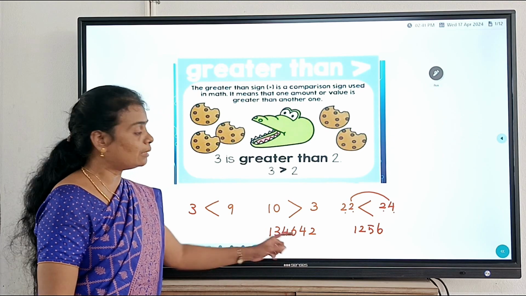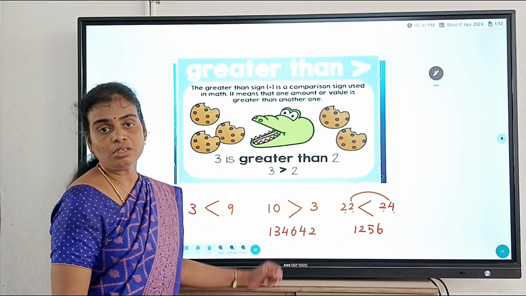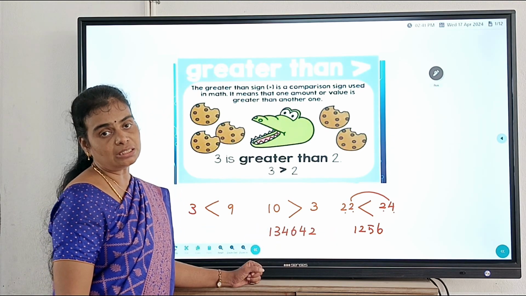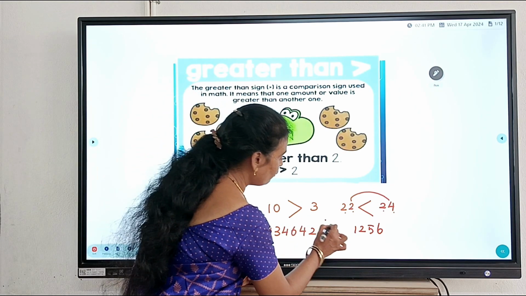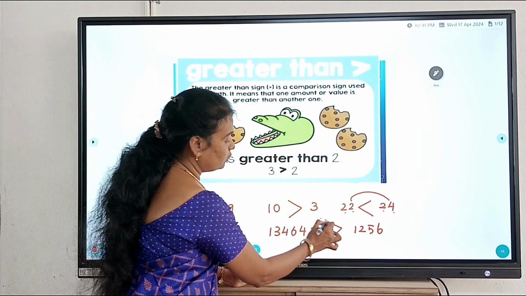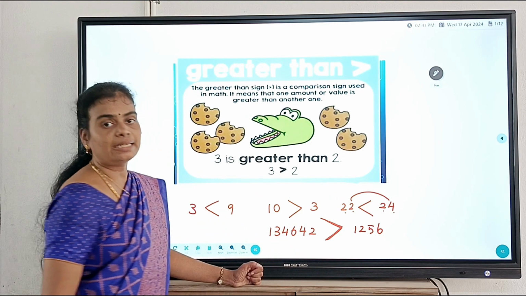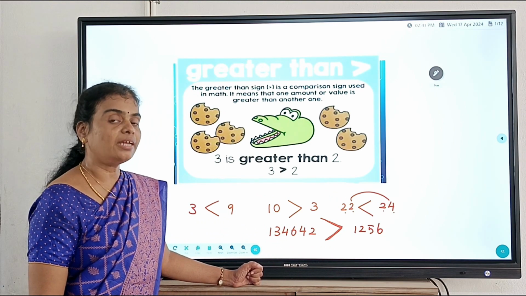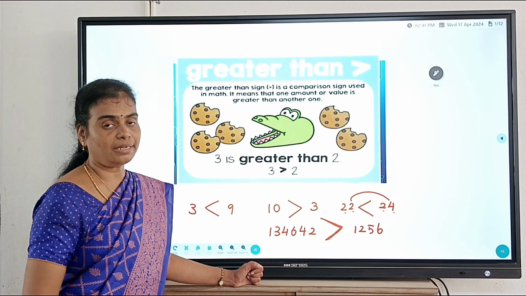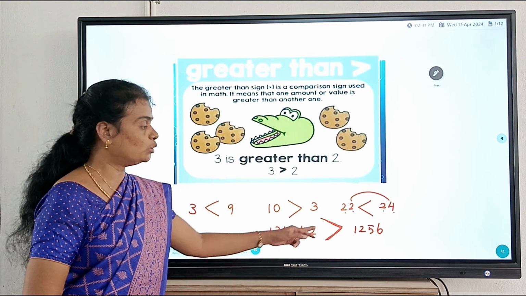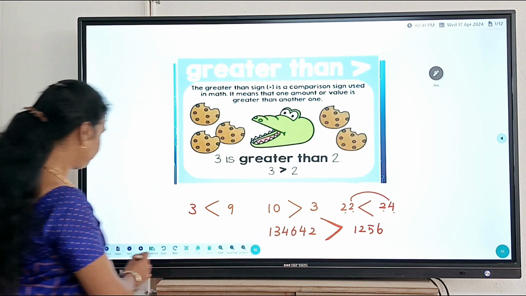So is the 6 digit number greater or the 4 digit number? Obviously the 6 digit number is the greater one, and hence we have to put the wide open mouth towards the greater number. So like this we can find out the greater number and smaller number by using this symbol.